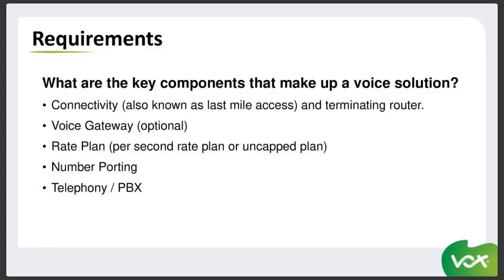If it's a full-on SIP-enabled IP PBX with the proper licensing, there's no need for a voice gateway. But for legacy type PBXs that require ISDN or analog connectivity, we have gateways to match any need. Then there's a rate plan. It's either a per second bill rate plan for businesses or an uncapped rate plan. Number porting, and obviously there needs to be some sort of telephony on site, a PBX, phone, some device that the SIP line will terminate into.